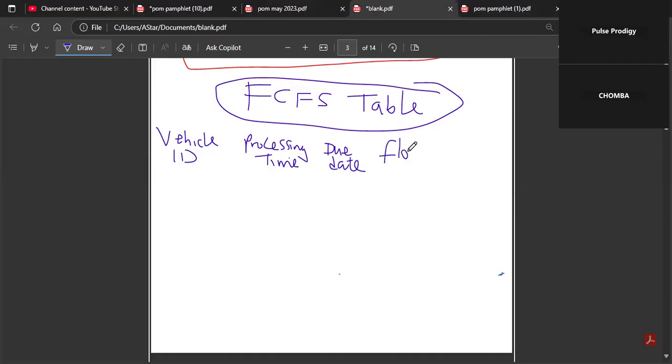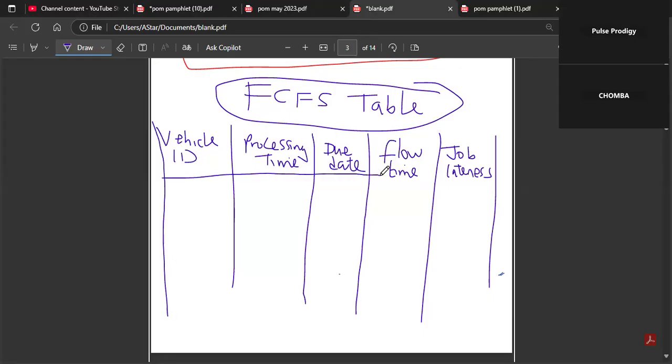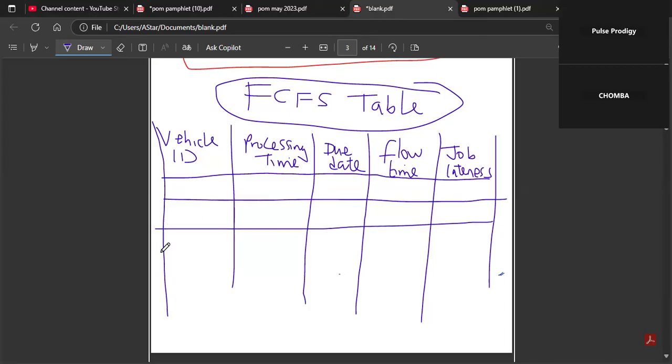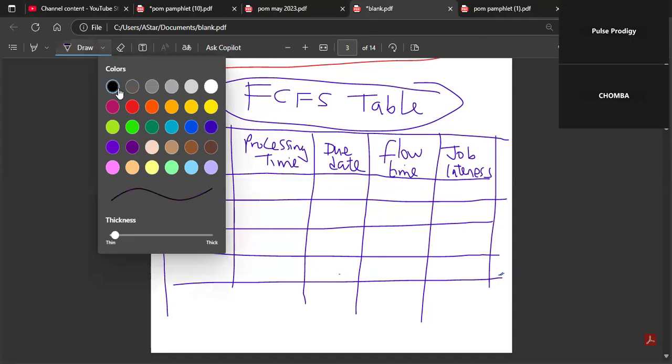Then you go for flow time. Then you go for job lateness. So regardless of the sequence, you should have these 5 columns. Are we together? I'm sure you're with me. Yes, I'm following you.